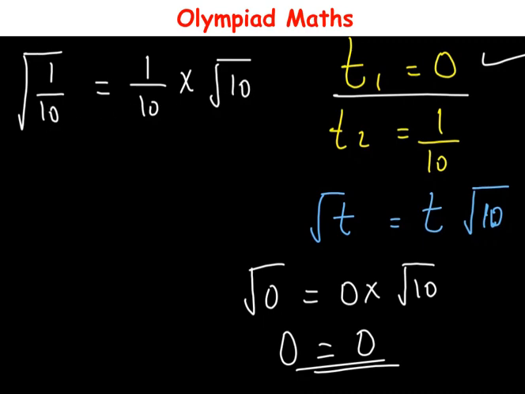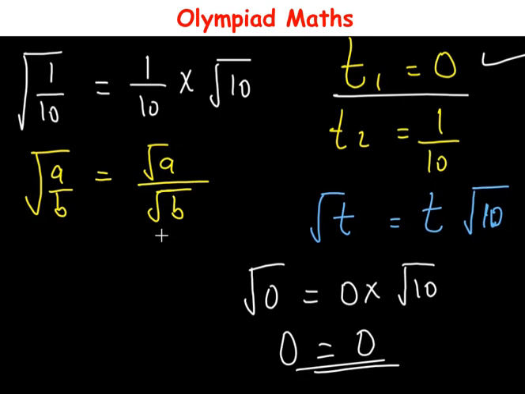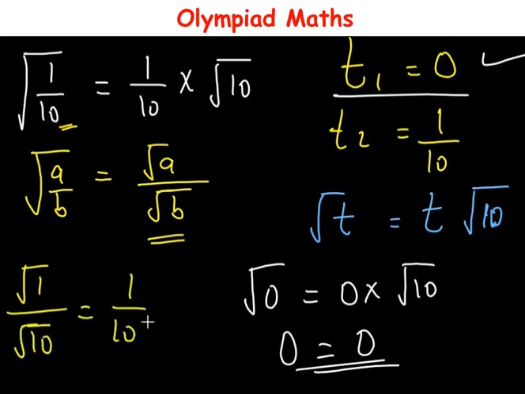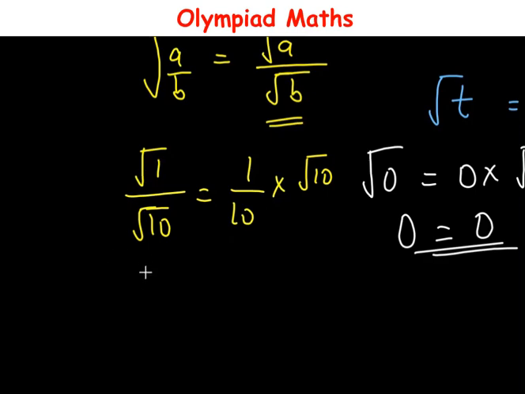From here, there's a rule that if you have root of a over b, this equals root a over root b. So applying this rule right here, this becomes root 1 over root 10 is equal to 1 over 10 times root 10. Now from here, root 1 is 1, over root 10.